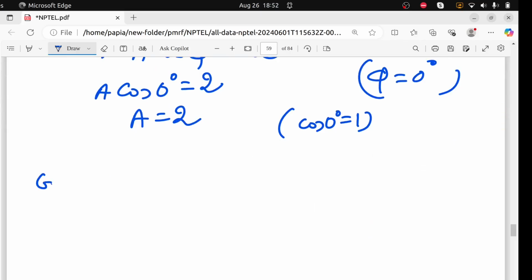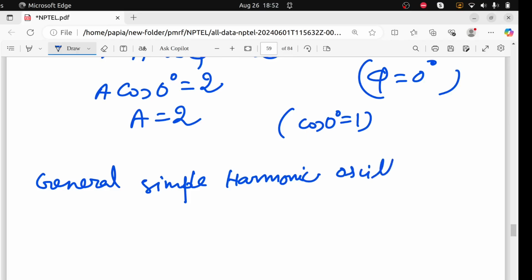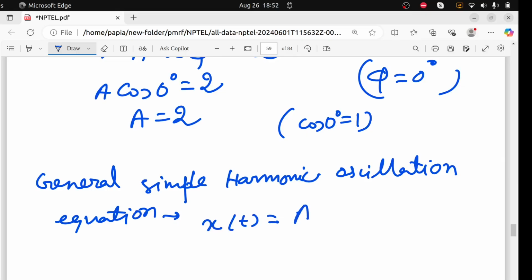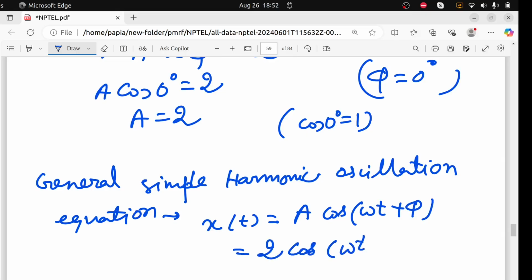So our general simple harmonic oscillator equation is x(t) equals A cos(omega t plus phi), which gives 2 cos omega t.